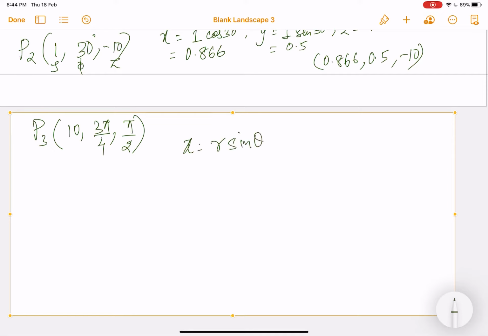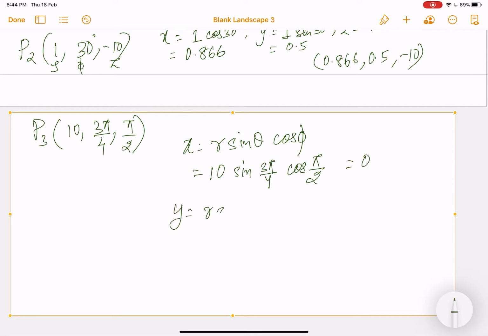This r sine theta is rho, as you must have remembered. So what will you put? 10 sine 3 pi by 4 cos pi by 2, and cos pi by 2 is obviously 0, so this will be a big 0.